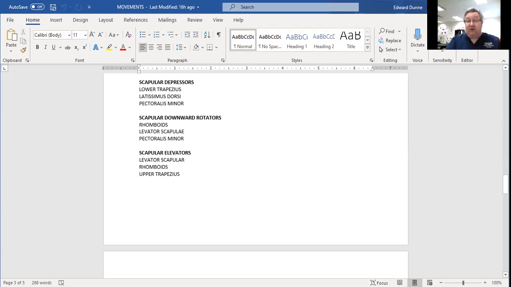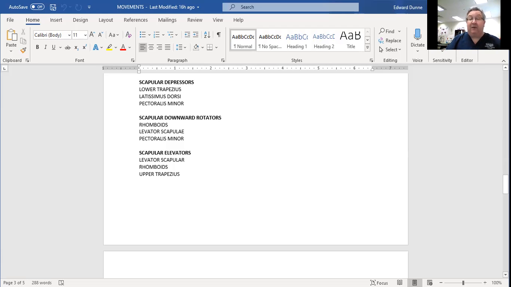Scapula downward rotation. All right. So again, what you're going to learn in kinesiology is that these 3 muscles do different actions, but when they work together as what we call a force couple, they perform this rotation, whether it's downward or upwards. So the 3 muscles that perform a downward rotation of the scapula are the rhomboids. Remember, the rhomboids help with retraction of the scapula, so bringing the scapula back.